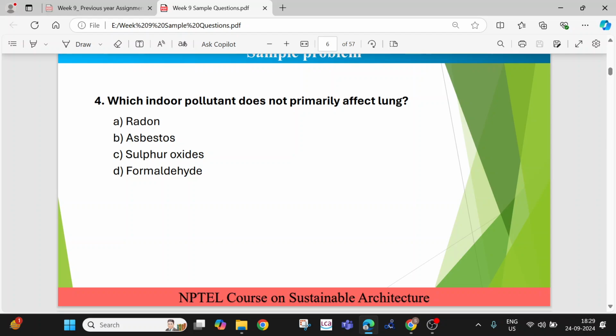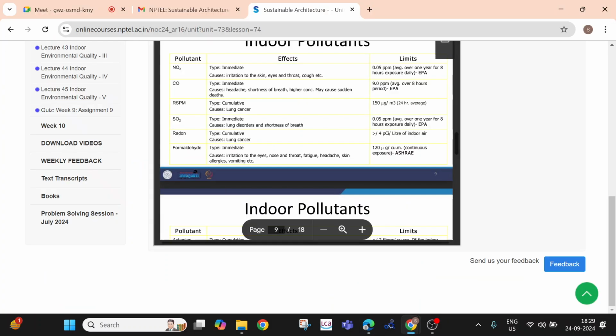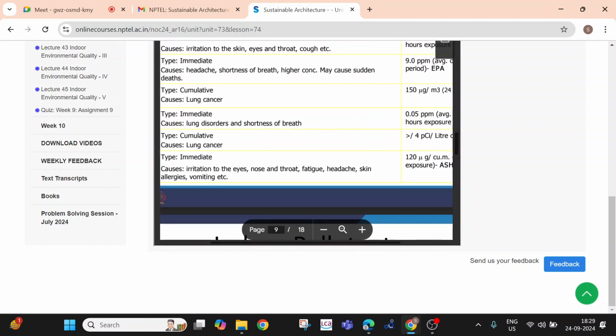Asbestos and radon are the primary causes of lung cancer, so only sulfur dioxide and formaldehyde are left. Sulfur dioxide is also causing lung disorders or affecting your lungs, but formaldehyde is only causing irritation to your eyes. I think this is now clear. Everybody can see.